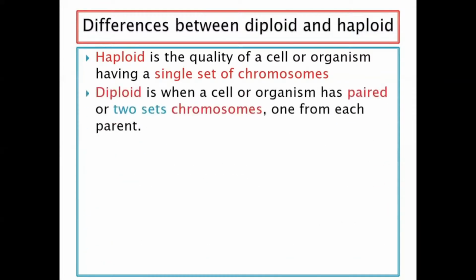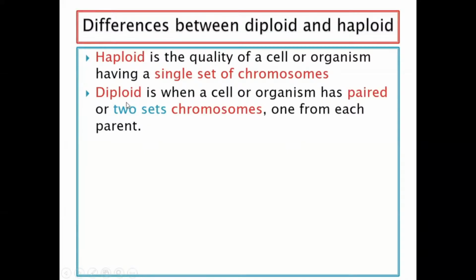But if it is diploid, the cell or organism has paired chromosomes, or two sets of chromosomes, one from each parent. It means one from the father, one from the mother. When they combine, because there are two organisms contributing, you form the word di, which is 2, and ploidy means a body.